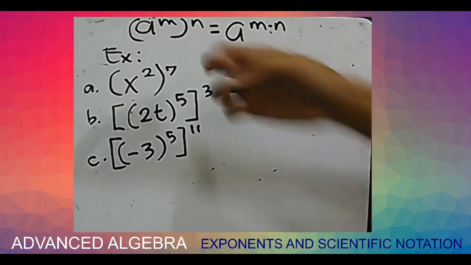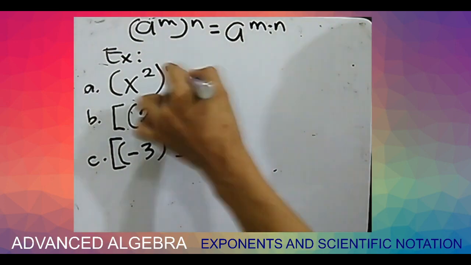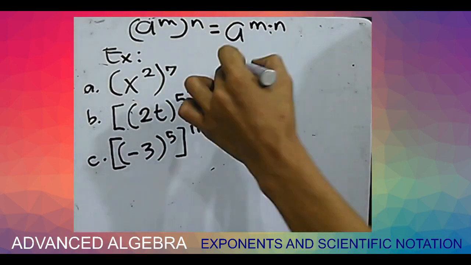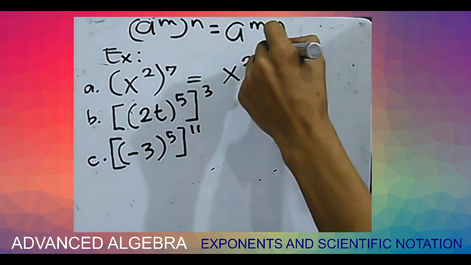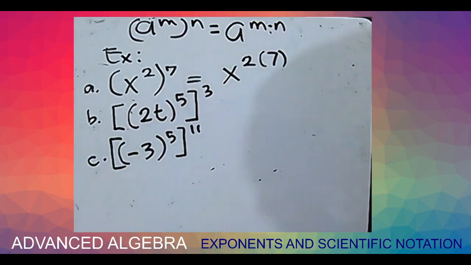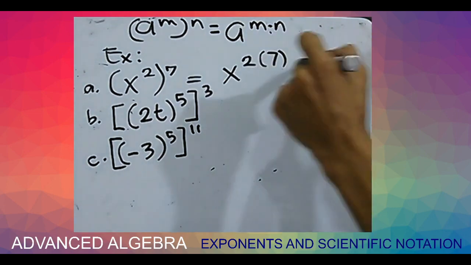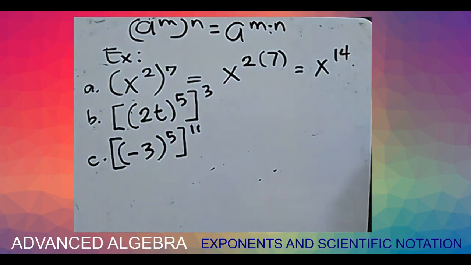Base lang din ito sa ating given na a to the m power, may parenthesis, raised to n power. Gagawin natin, yung exponent natin, i-multiply lang natin. So, x squared, 2 times 7, or pwedeng gumamit tayo ng parenthesis, okay lang yan. 2 times 7 is 14. So, x to the 14 power.